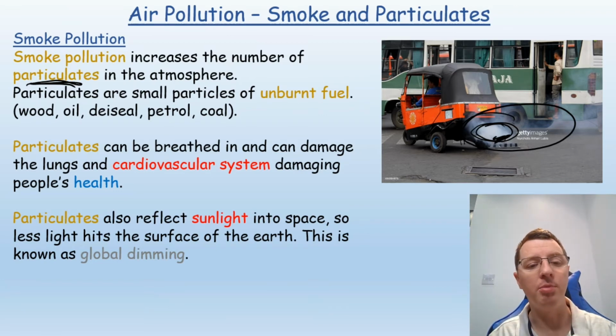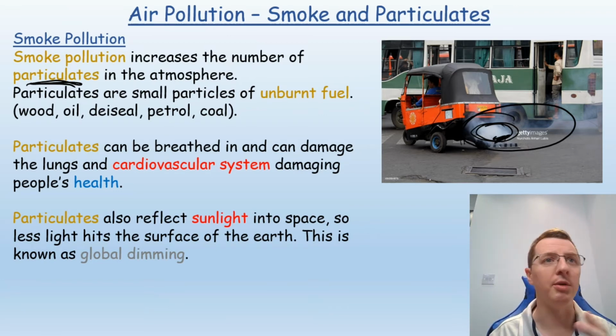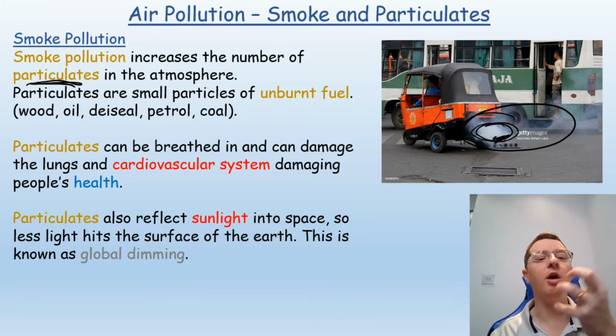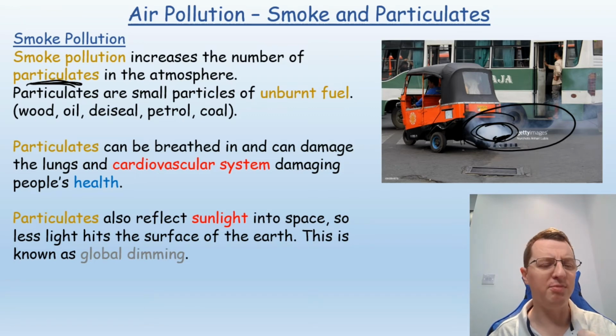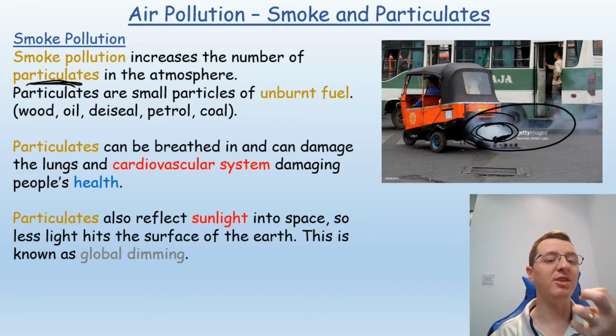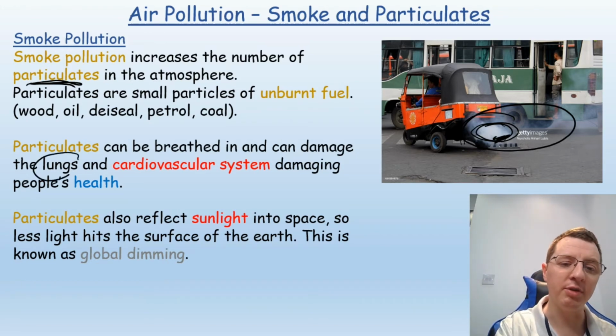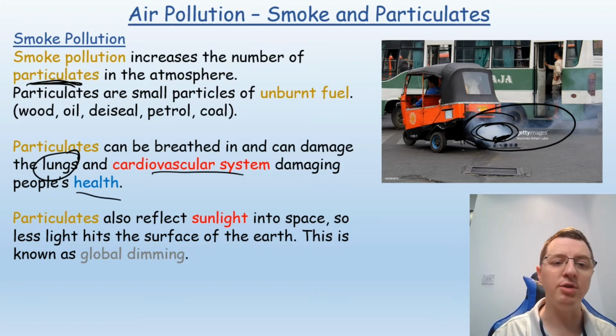These hydrocarbons are known as particulates, and they might be 5 to 6 carbons long. These small particles of unburnt fuel are breathed in and can cause damage to the lungs and the cardiovascular system, reducing people's health.